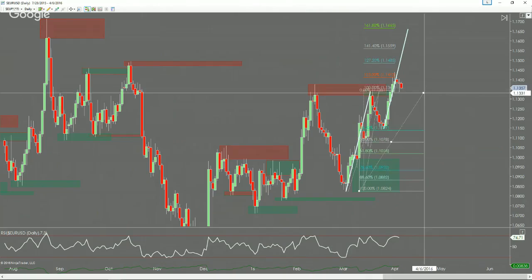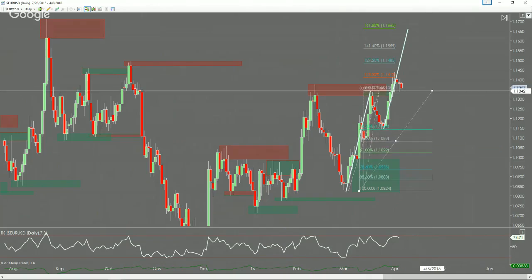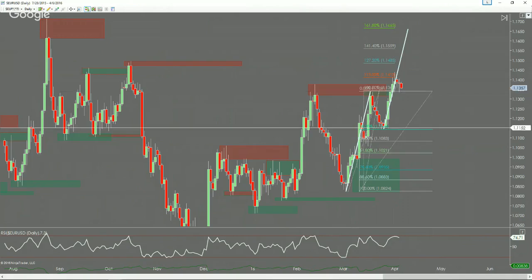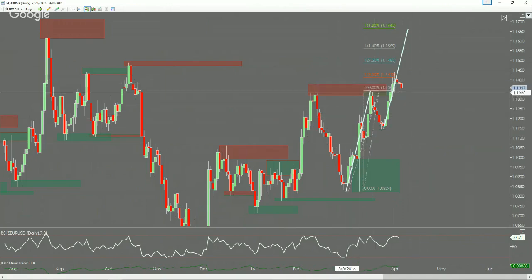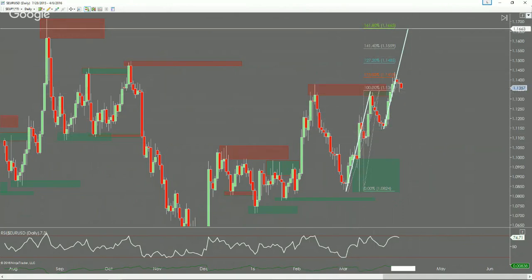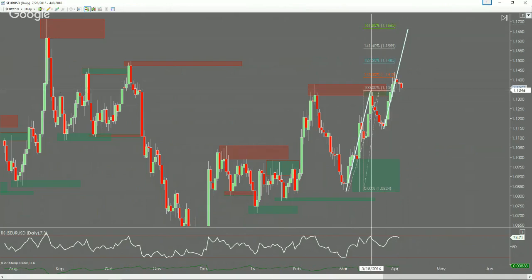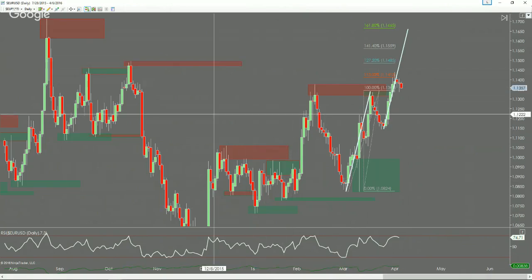And that is about a 382 retracement, this move right here, which most often price do come to that 1618 extensions once they hit that 382. So that could be an opportunity right there.